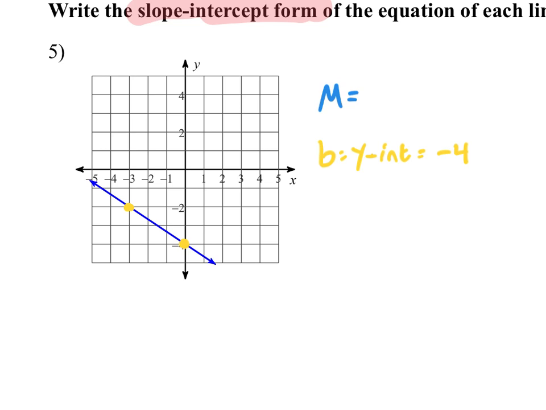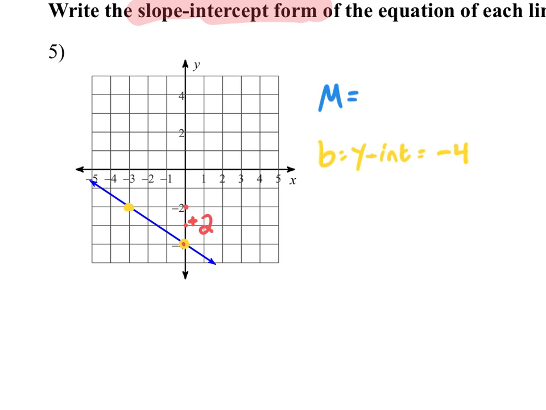Now what I'm going to do is just count it. So I start down here at my bottom. To get it even, I count up 1, 2. So that is 2, but it was in the positive direction because I went up. So my rise would be +2.